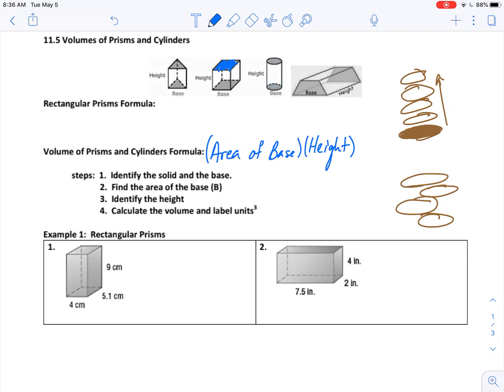So in a cylinder, the two sides that are congruent, that are different from everything else, are those two circles. And everything else is a rectangle. Or in this trapezoidal prism, these two bases are different. These two bases are trapezoids, and everything else is a rectangle.